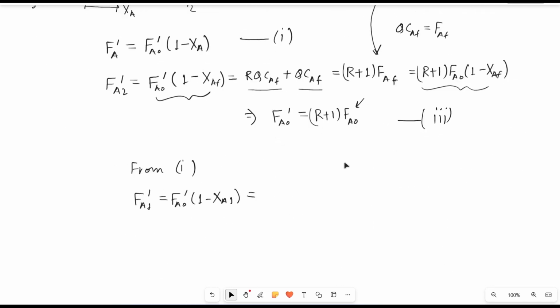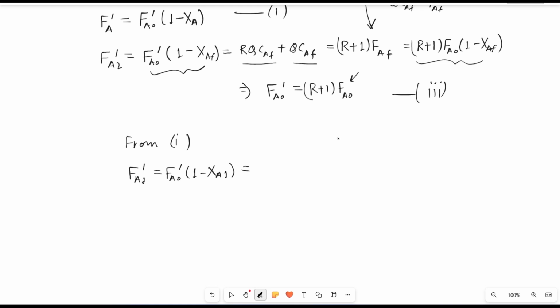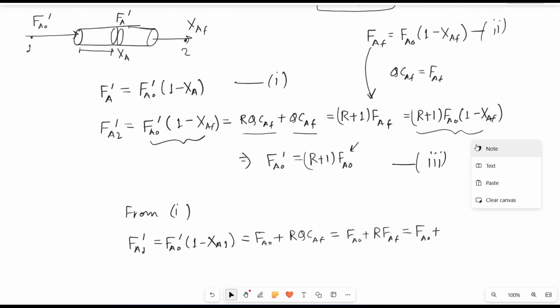So at 1 the feed is the fresh feed FA naught plus R Q CAF. Now Q CAF is FAF, so we write FA naught plus R FAF, from equations 1 and 2.